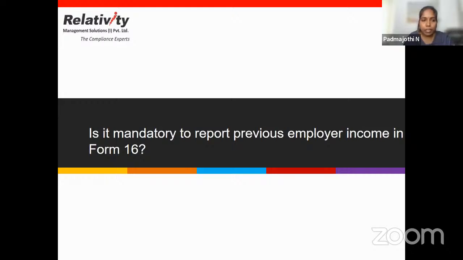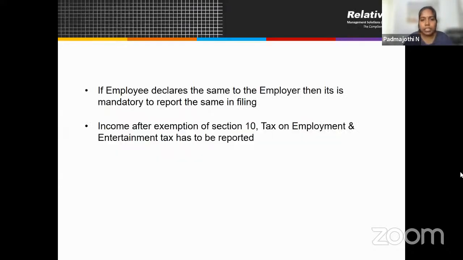But the initiation from the employer should be there. While collecting the investment proofs, or when employees are joining, at the time of investment declaration also, we have to ask the employee to submit the previous employer details. If the employee submits, then we have to consider it. And if the employee doesn't submit, then it's not required for us.